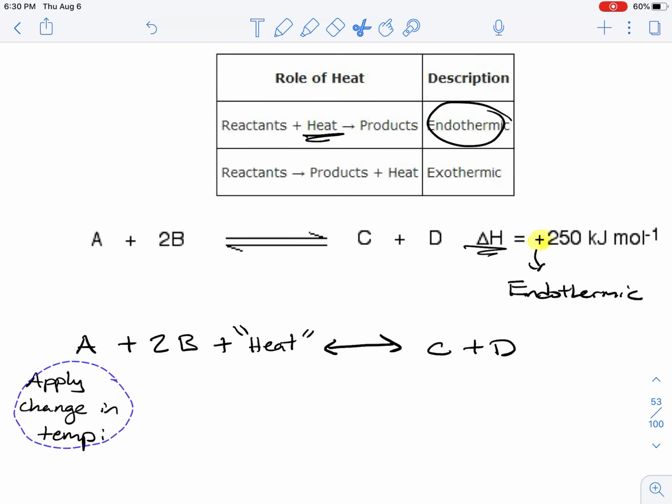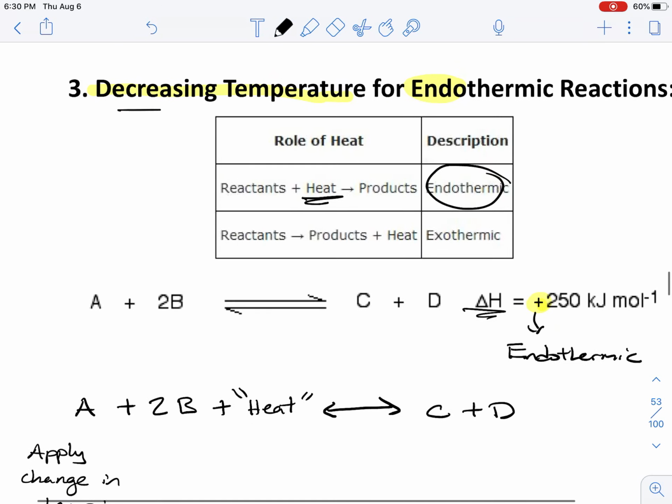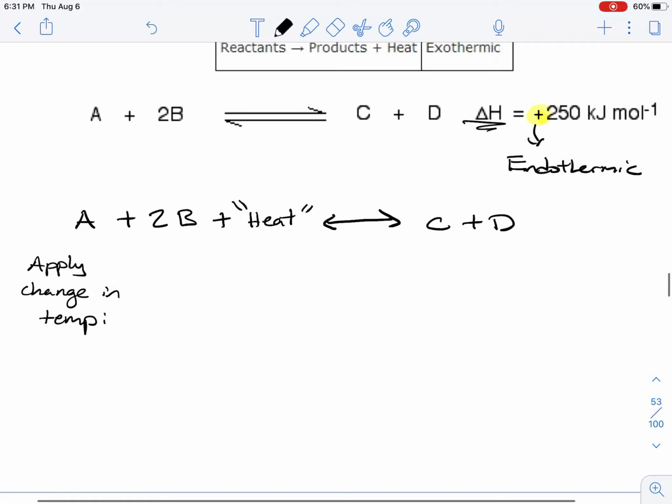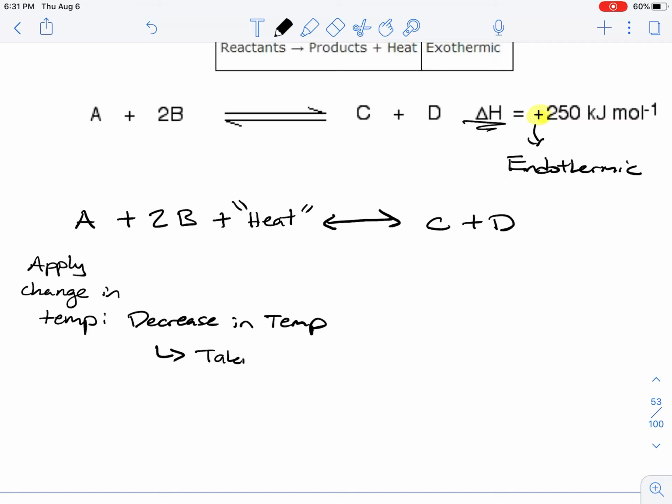If we apply the change in temperature, which is a decrease in temperature, that informs us that we're taking away heat from the system.